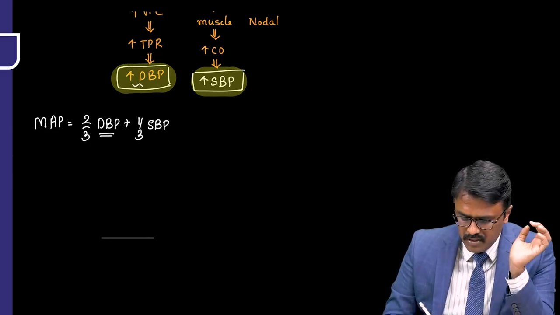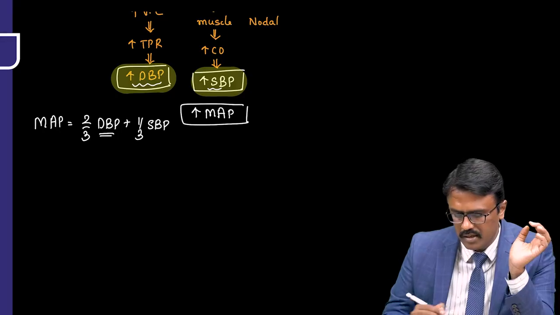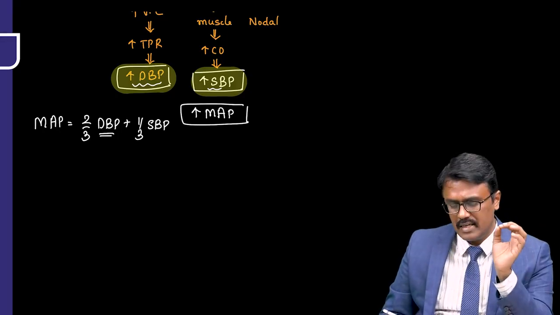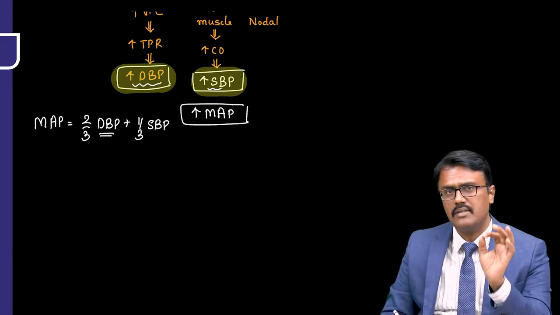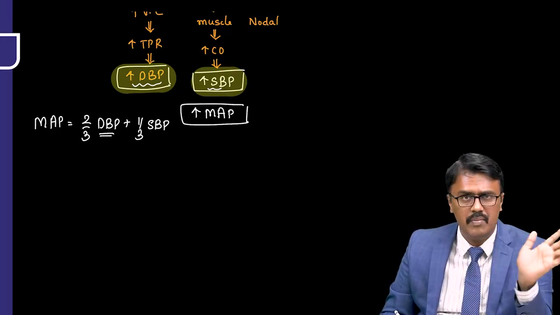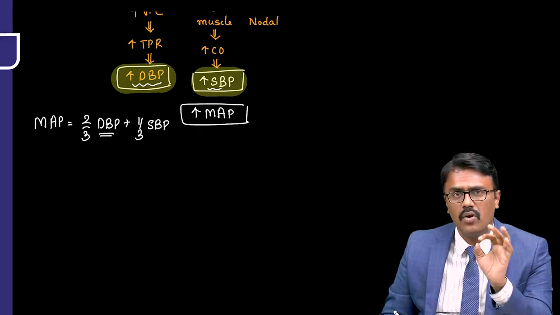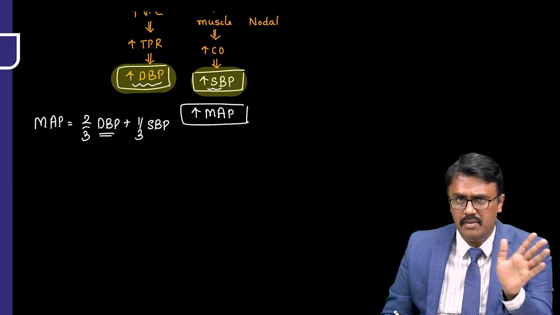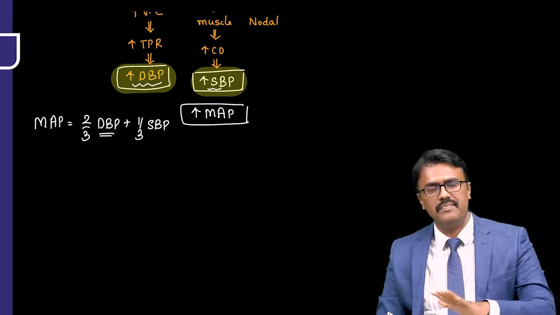If you increase both, there is an increase in mean artery pressure. So noradrenaline can increase systolic, diastolic and mean artery pressure. I want you all to write this: noradrenaline never decreases any BP. Systolic, diastolic, mean artery pressure, noradrenaline never decreases any BP. So in the exam, if all the BPs are raised, that is noradrenaline.